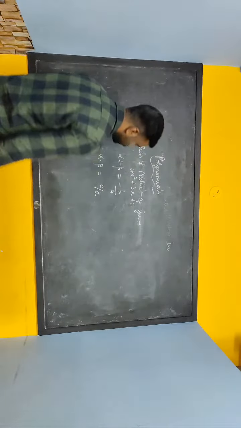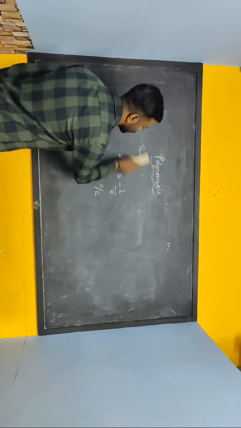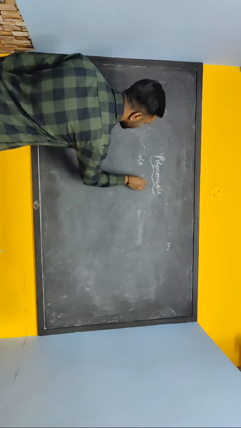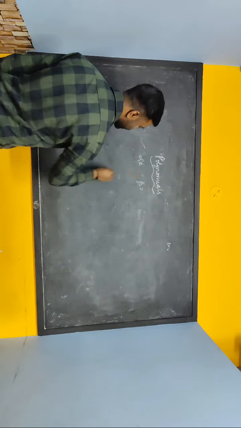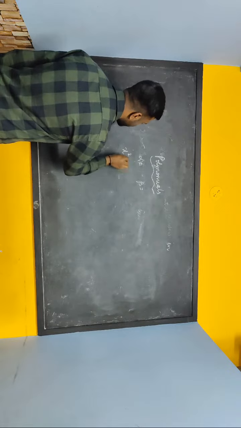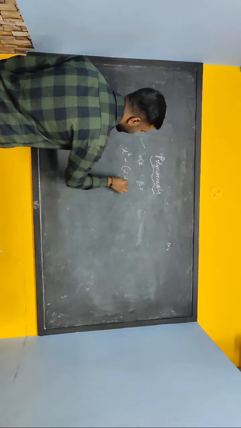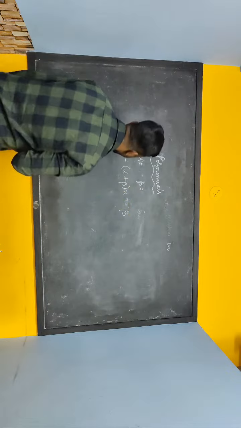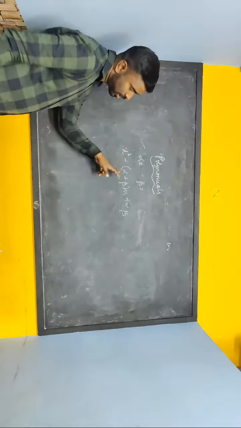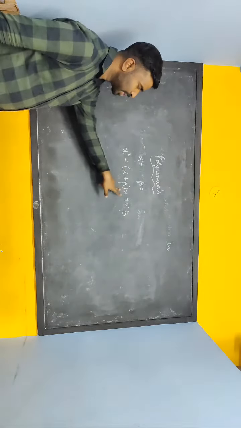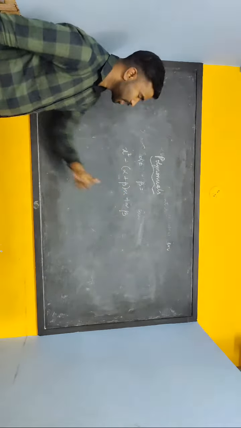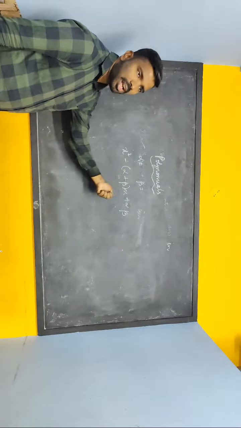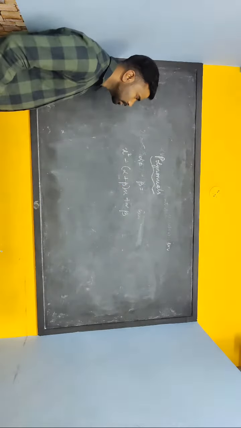And when the zeros are given, you can form the quadratic polynomial by x square minus sum of zeros into x plus product of zeros, that is x square minus alpha plus beta x plus alpha into beta.